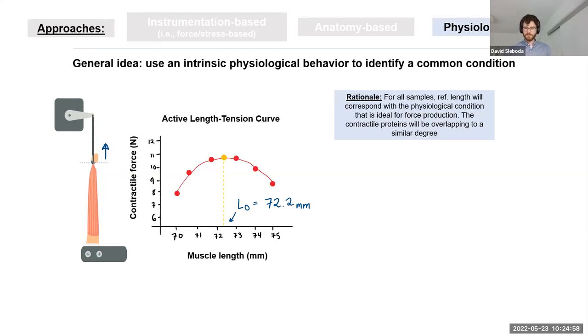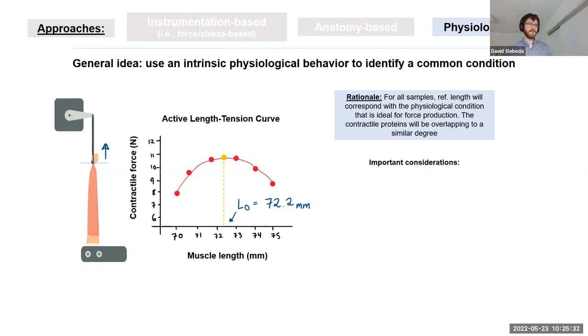In that way, no matter how large the muscle is that we pull out of our different experimental animals, when we go to set them up on our stress strain curves, we can line them all up based on the length at which they produce maximum contractile force, using that as our reference length.